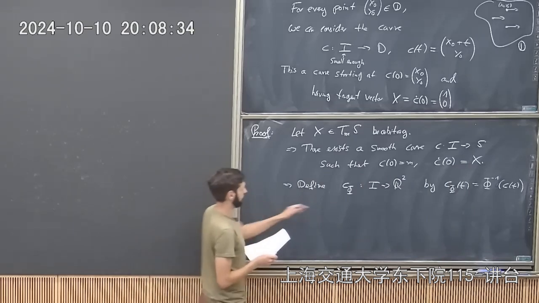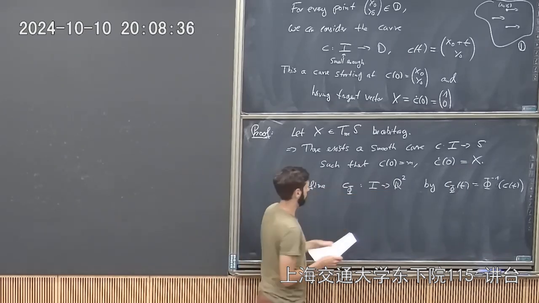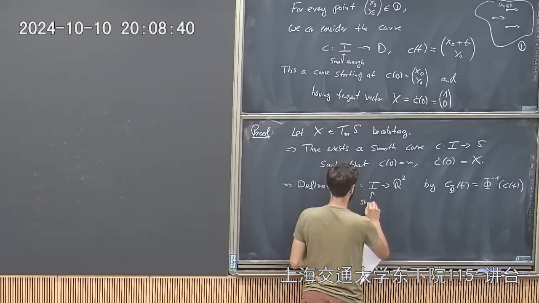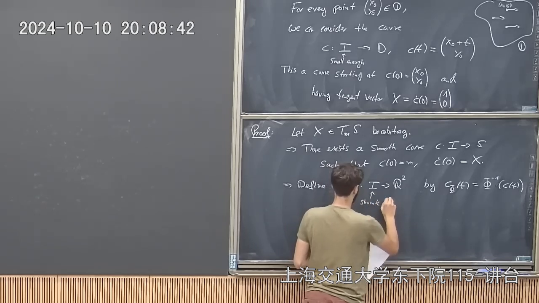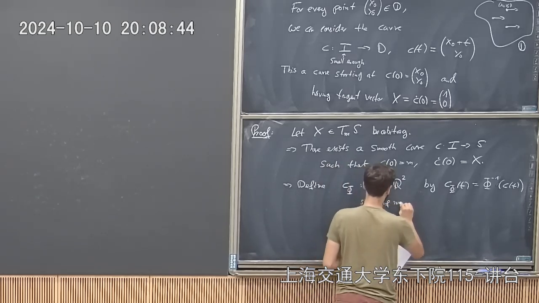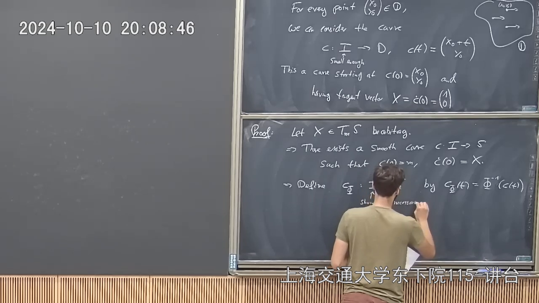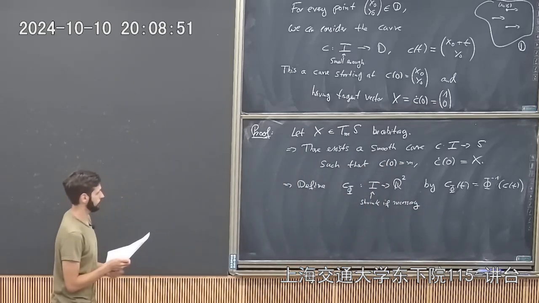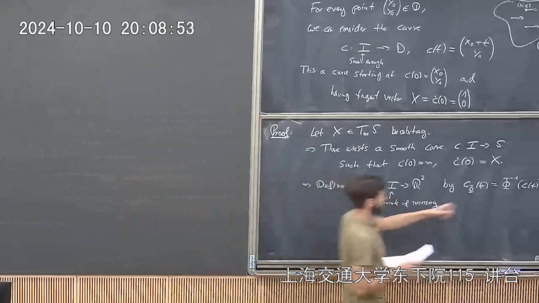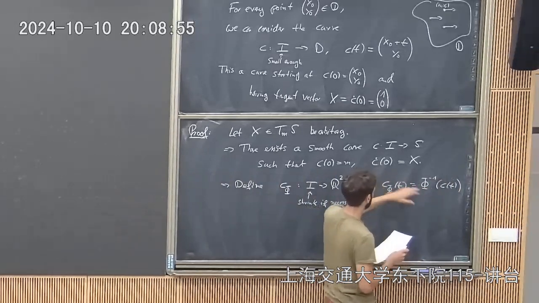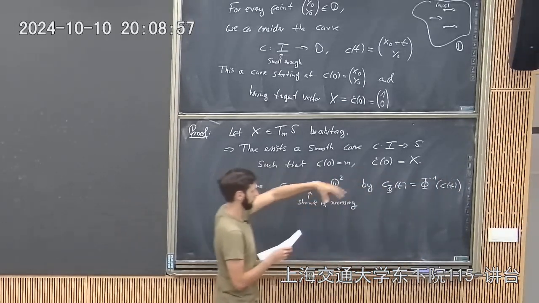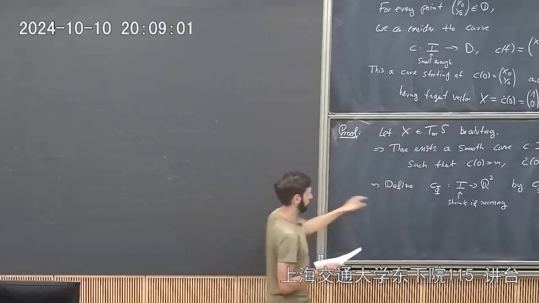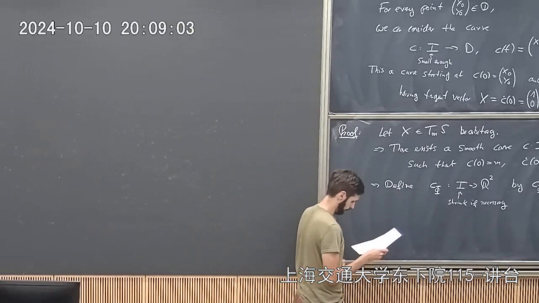We maybe have to shrink this interval a bit, because otherwise the curve might leave the domain where this inverse is defined. But for small enough times we can define it.